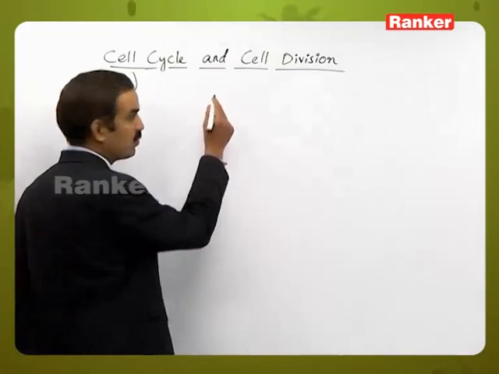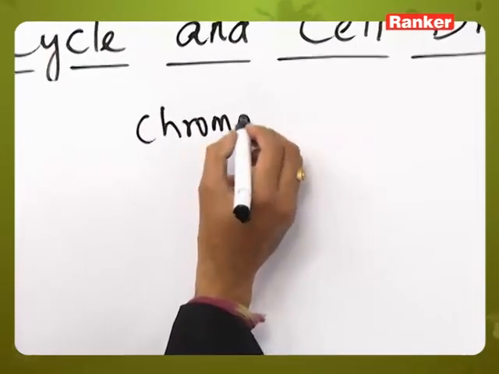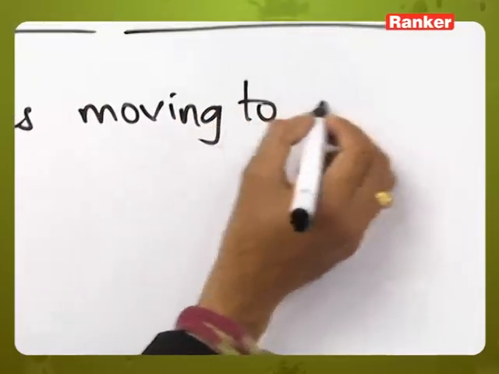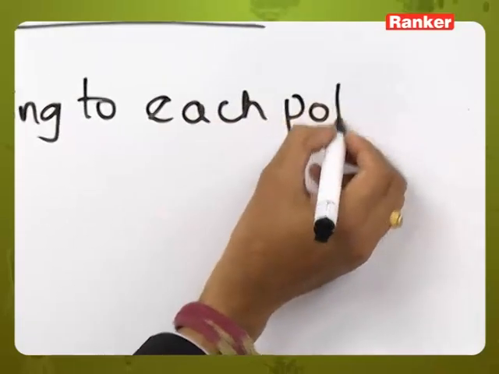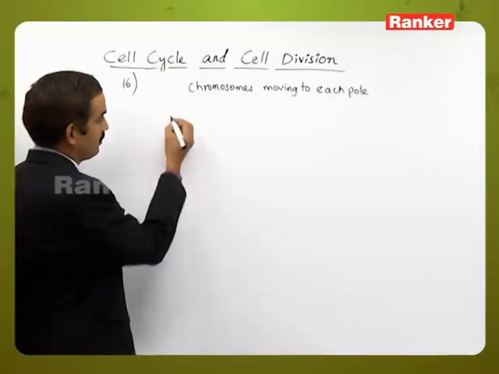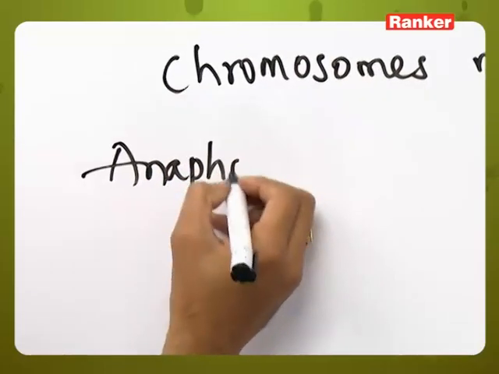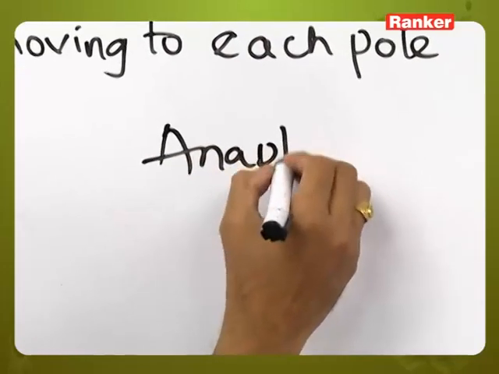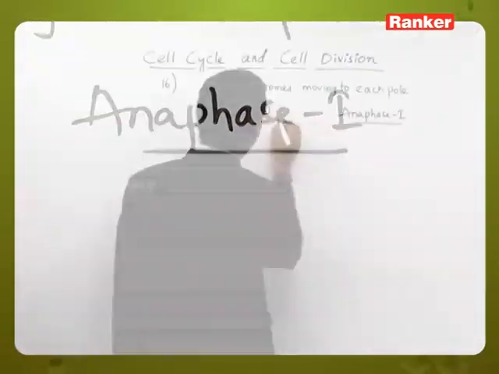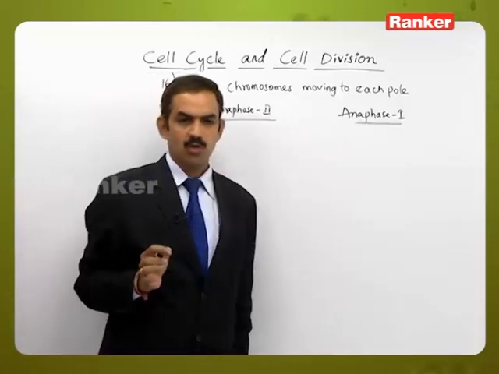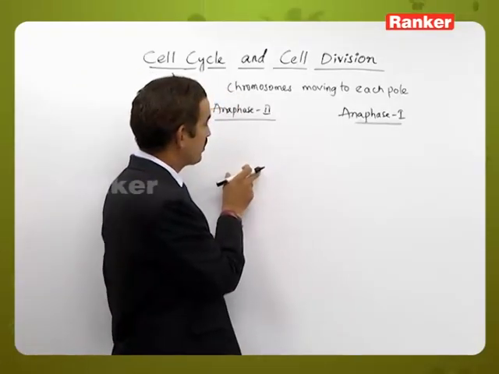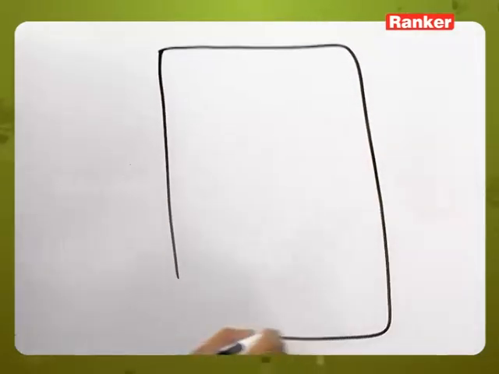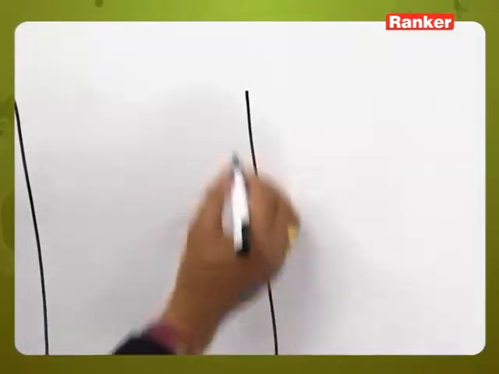So consider the chromosomes moving to each pole: this is for anaphase 2 and this is for anaphase 1.